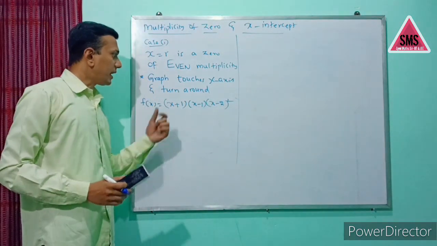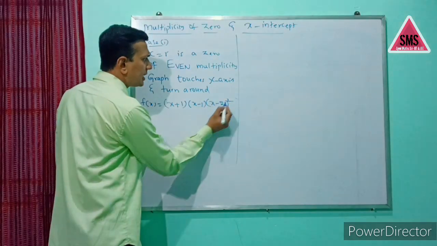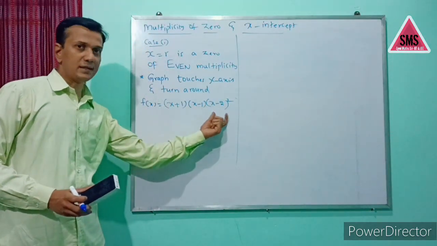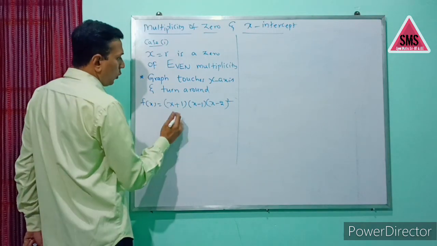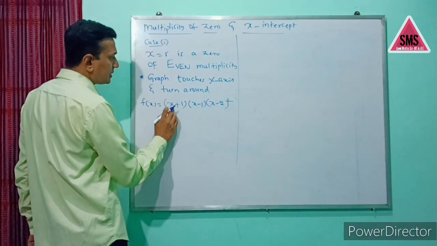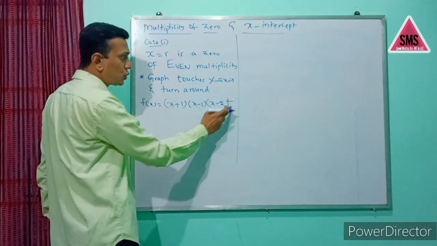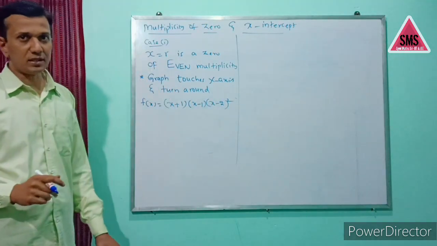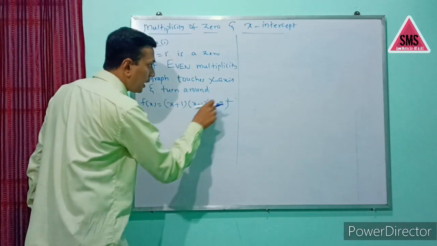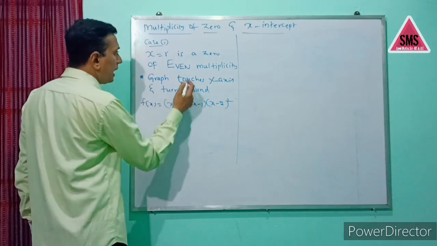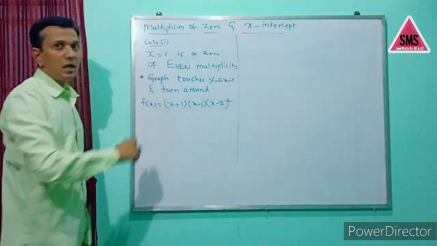I have written the polynomial in the form of factors. What will be the zeros here? x equals minus 1, x equals 1, and x equals 2 is repeating twice, multiplicity of 2. So at that particular x value, the graph will touch the x-axis and turn around.